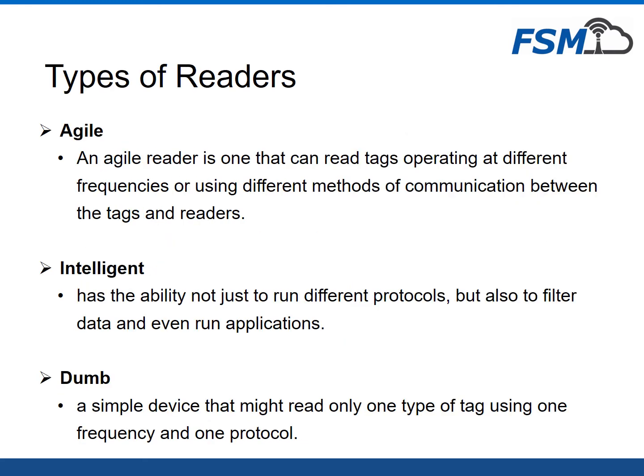Readers can be agile, intelligent, or dumb. That means depending on the deployment. As the word explains, agility of a reader is multiple tag readings at different frequencies using different methods of communication between tags and readers.